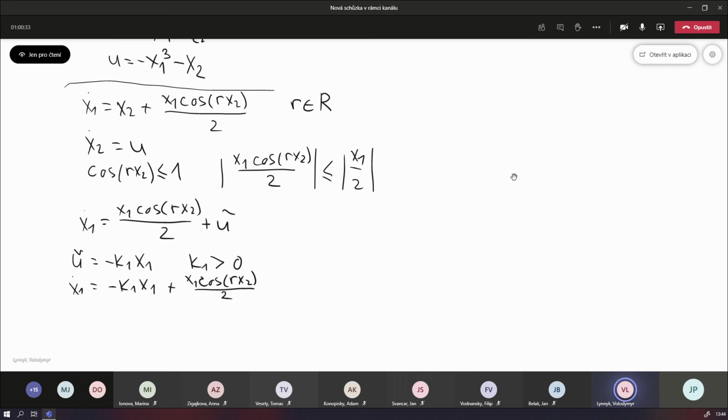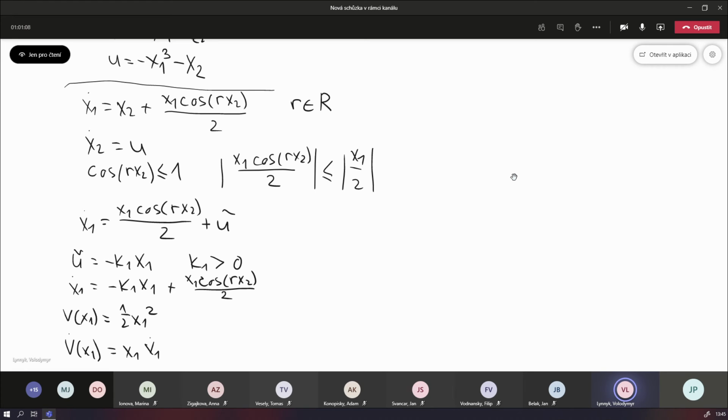Now we take v of x1 equal to 1/2 x1 squared, and the derivative of v of x1 equals x1 dot times x1.